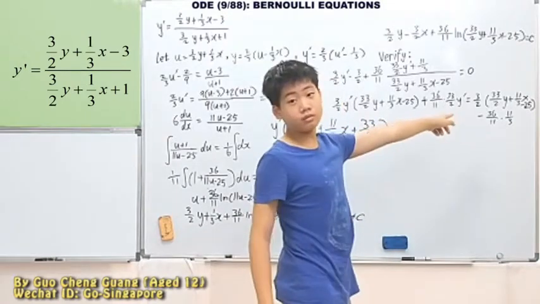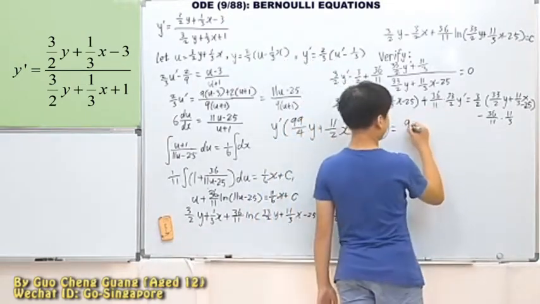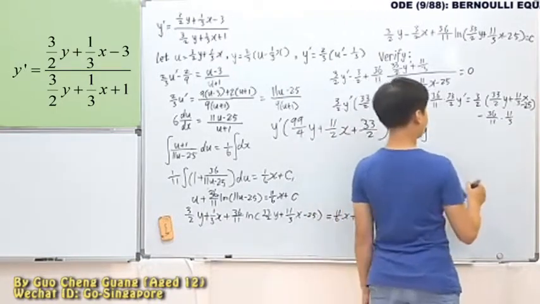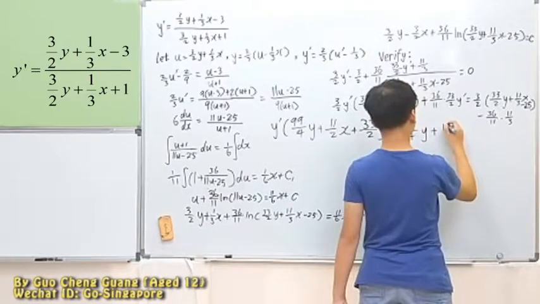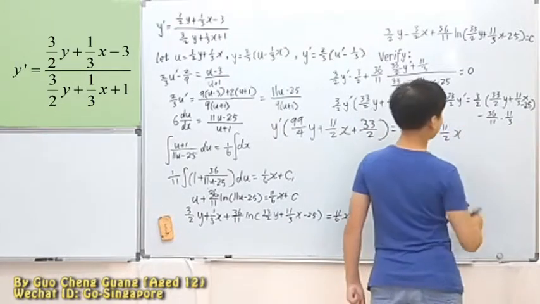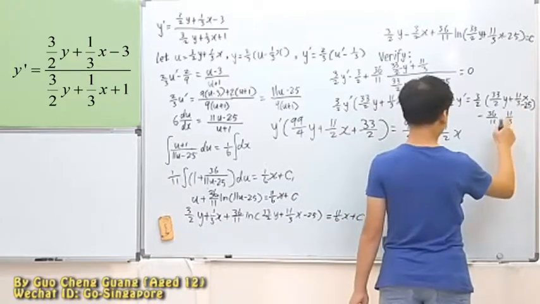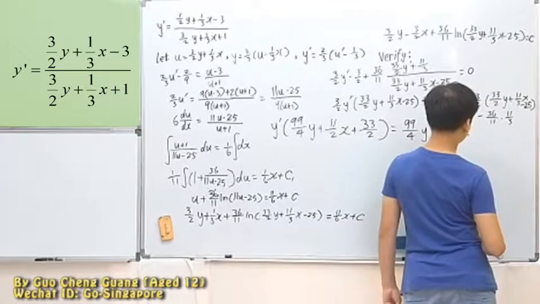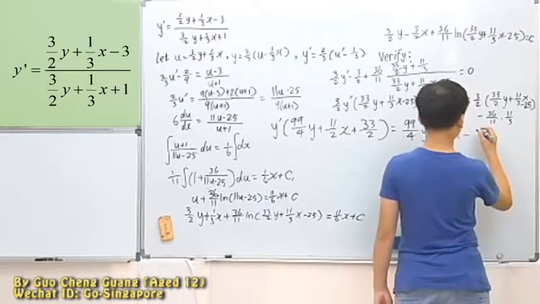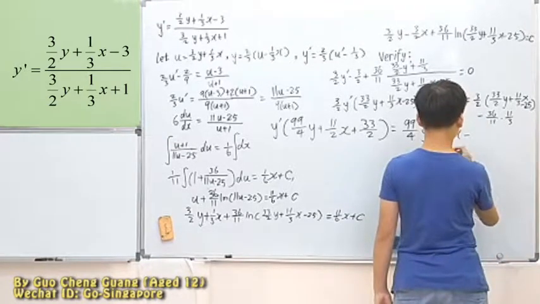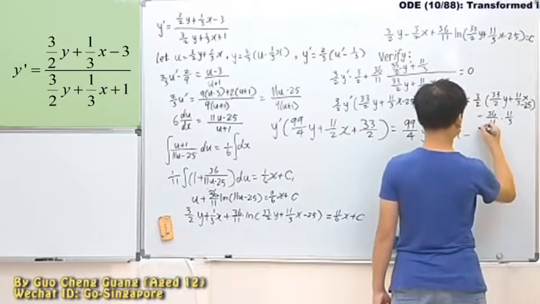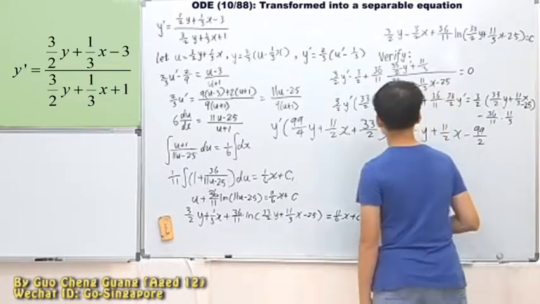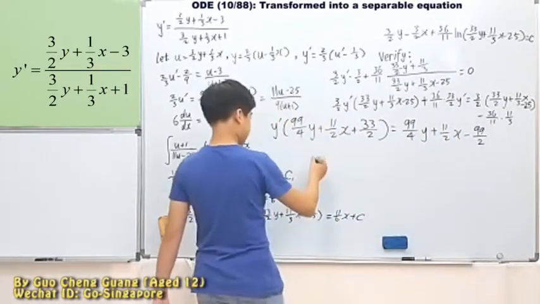The next part over there, you find straight away: negative 75, here is minus 12. So this is what you get.